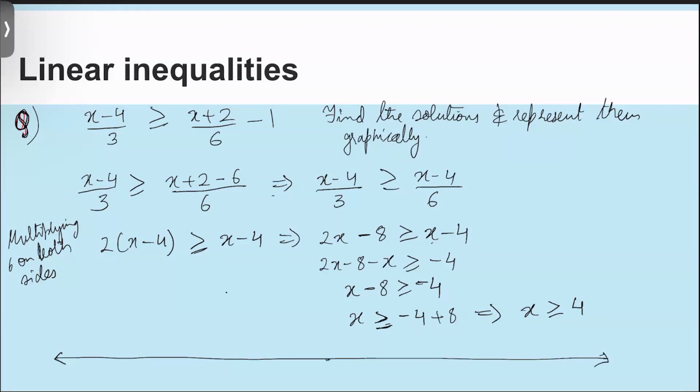You have 0, 1, 2, 3, 4, 5, 6, minus 1, minus 2, minus 3, minus 4, minus 5, minus 6.